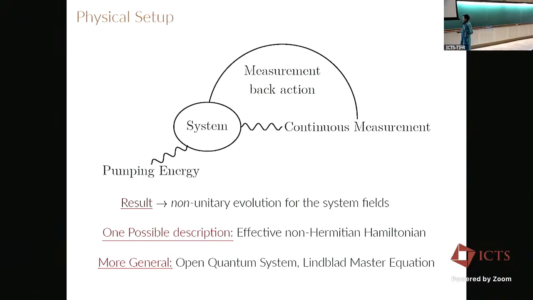In terms of quantum trajectories, this effective non-Hermitian Hamiltonian describes the dynamics if we post-select all the trajectories that have no jumps. For this talk, I will mainly focus on this non-Hermitian Hamiltonian.